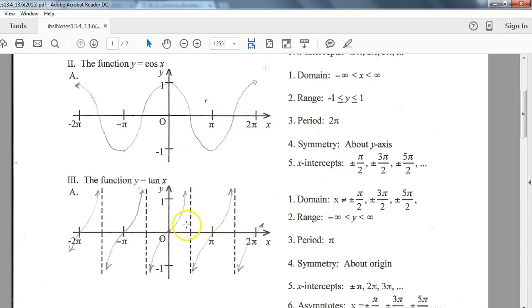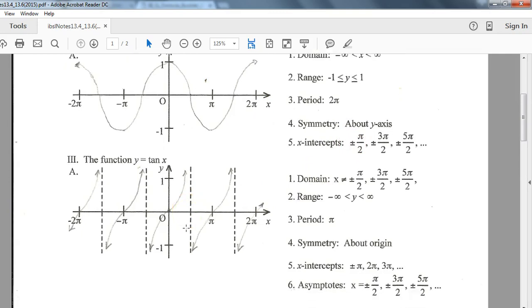Those matter when you look at the tangent function because, remember, tangent is sine over cosine. When you have a fraction like sine over cosine, your denominator can never equal 0, or you have an undefined fraction. So if tangent is sine over cosine, anytime the cosine is 0 is a number I can't use, and that's what creates the asymptotes for the tangent function.